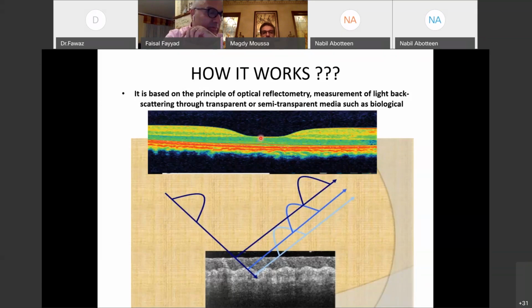The more hyperreflective the layer, the more it will be black or a little bit red. Moderately reflective will be green or yellow, and these are just false colors.